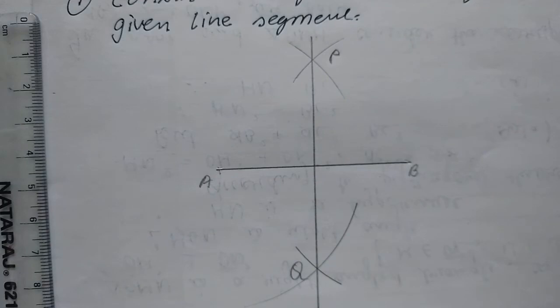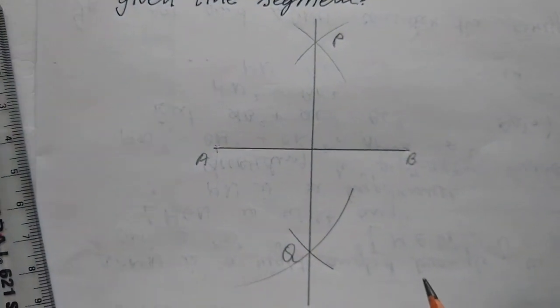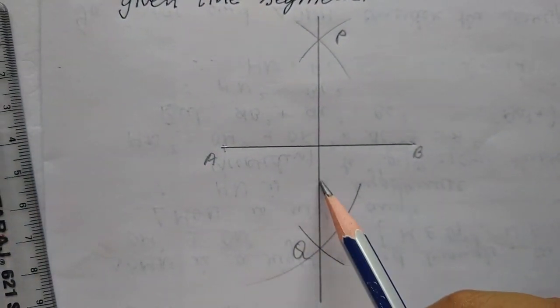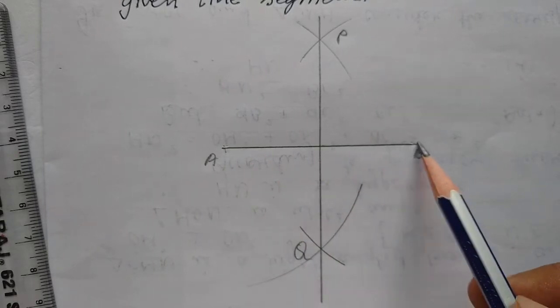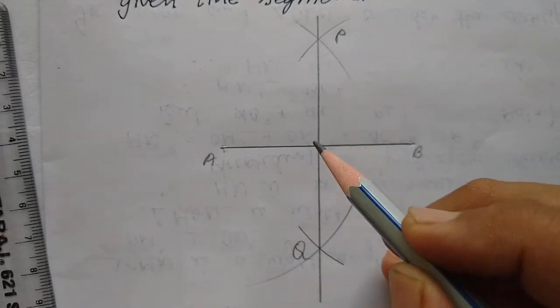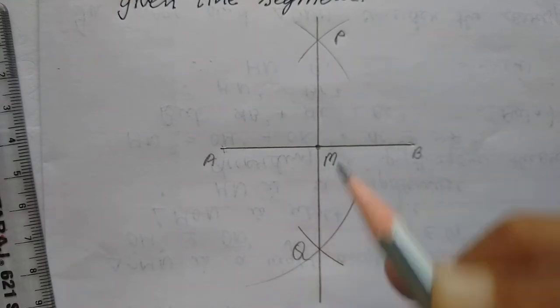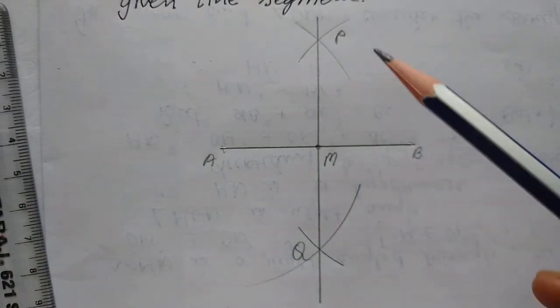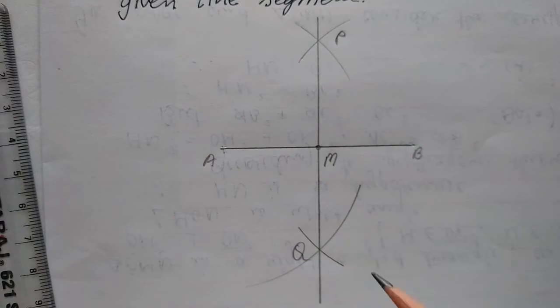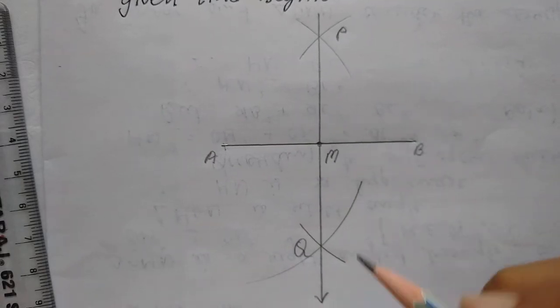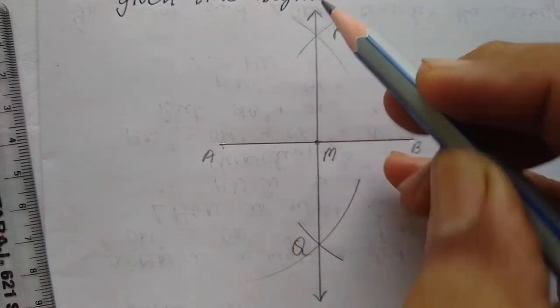So now by this way children, we have obtained a bisector of the given line segment. By this way we have obtained the midpoint also, suppose we call it M. So PQ is a bisector of line segment AB.